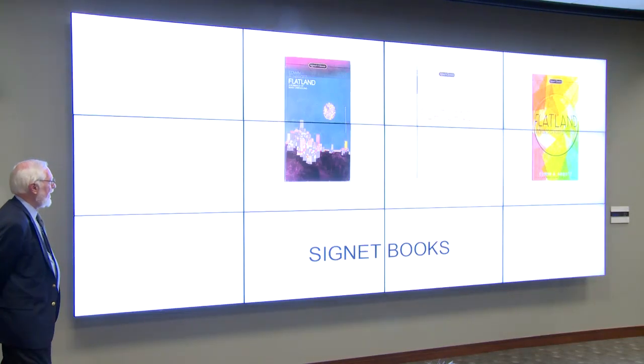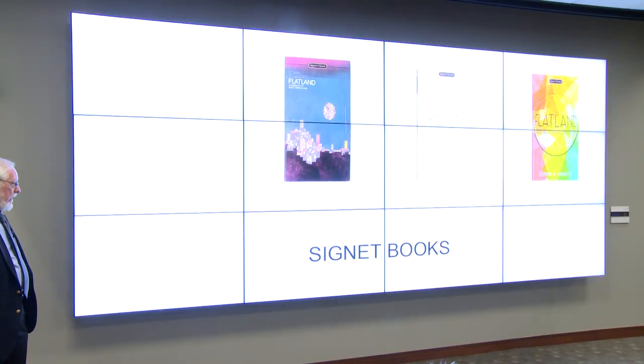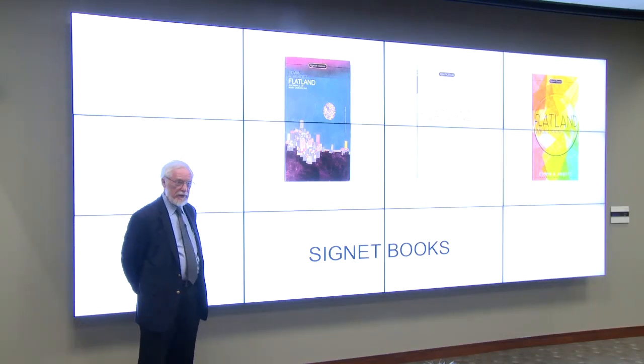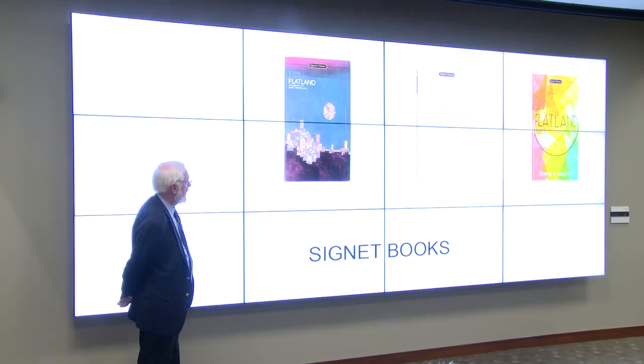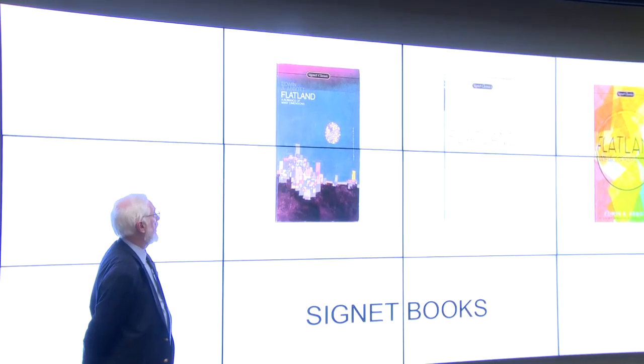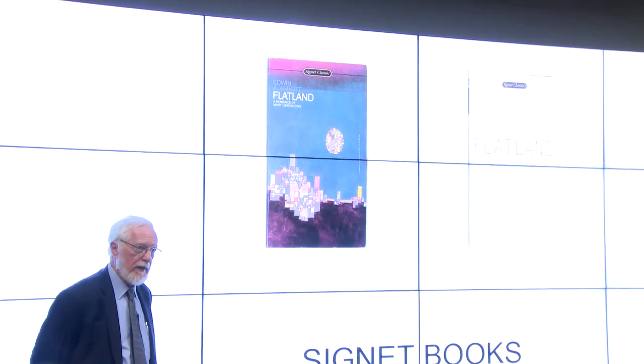Next slide. There are other publishers in the United States who've done multiple editions. And Signet Books is one that I think is really quite nice because they had, for the first edition here, Alexander Keewatin Dewdney.